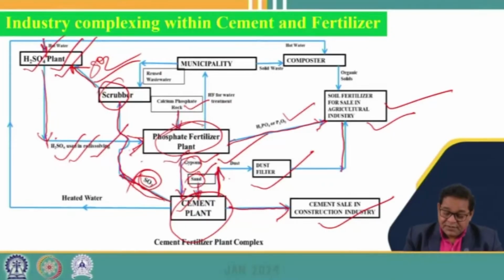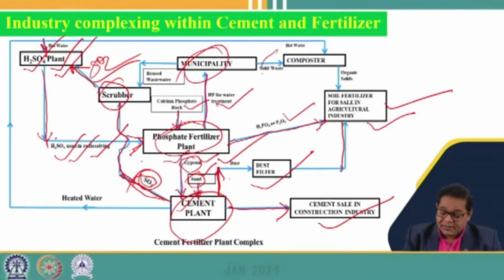And similarly, if we see the waste that is generated from this fertilizer industry, that is HF for the water treatment process, used in the municipality for the treatment of the water.